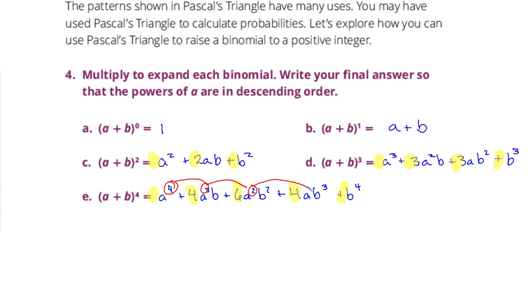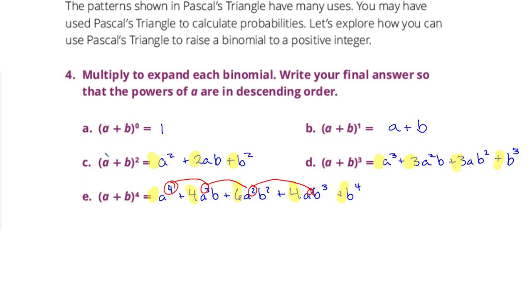What's happening to my exponents as I progress across to the right on my A's? What's happening each time? It goes down by one. My A exponent decreases by 1. But what happens to my B exponent? It increases.